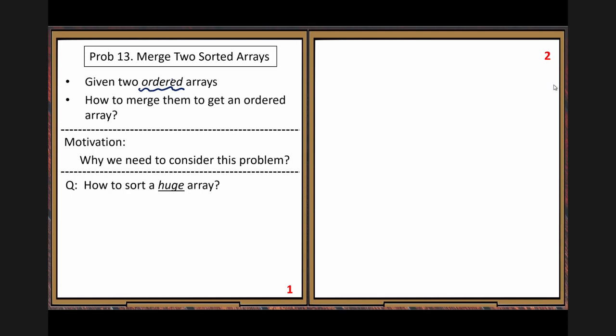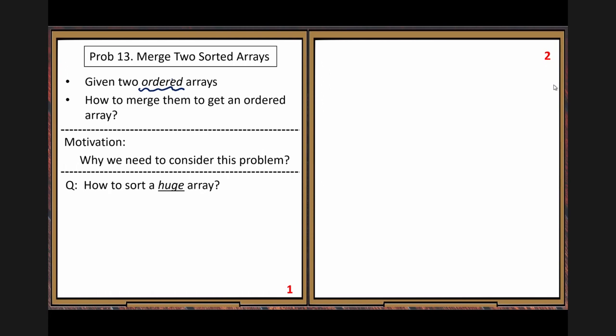Several gigabytes, that large. If you store the array data on the hard drive, you need several gigabytes. Is that large? Pretty large, right? Try to imagine.